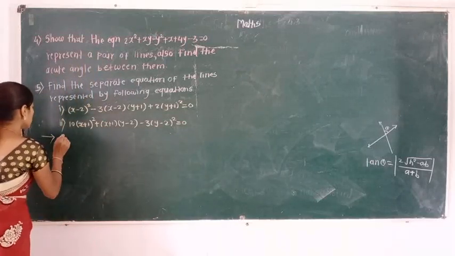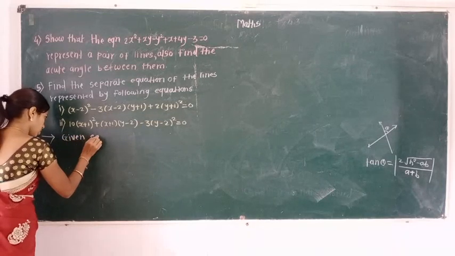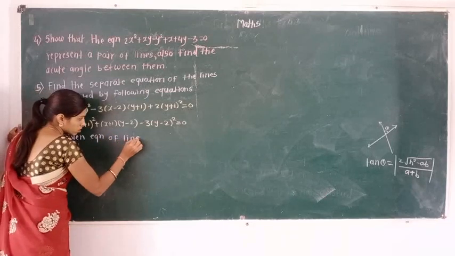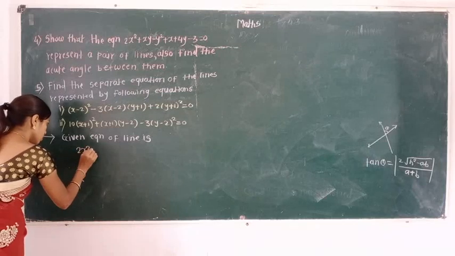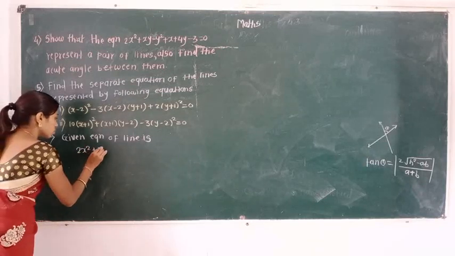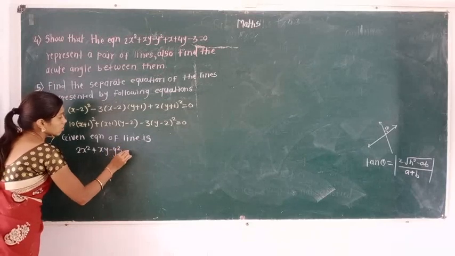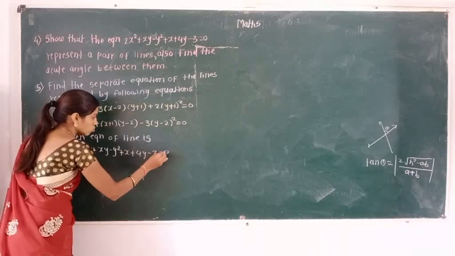Now write down the given equation of line, which is 2x square plus xy minus y square plus x plus 4y minus 3 is equal to 0.